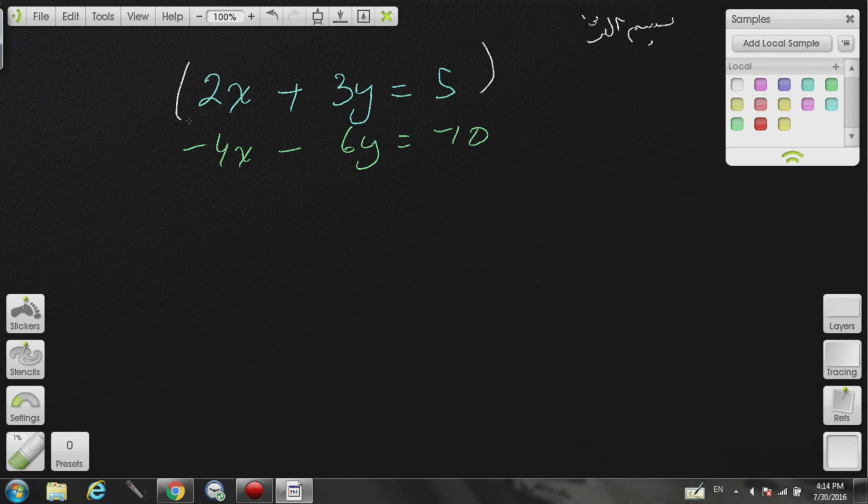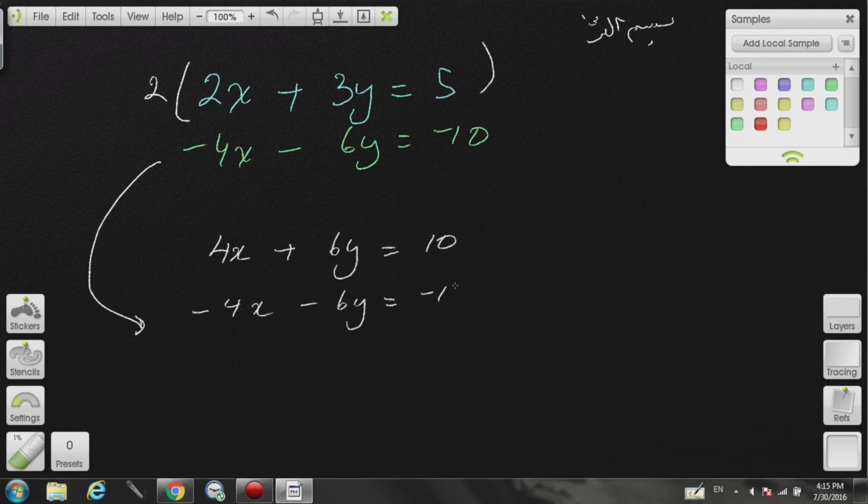Yes, Mohsin wants to multiply the top equation by 2. Okay, let's do that. I'm just going to rewrite this. The top one becomes 4x plus 6y equals 10. And the bottom equation, I'm just going to rewrite: minus 4x minus 6y equals minus 10.